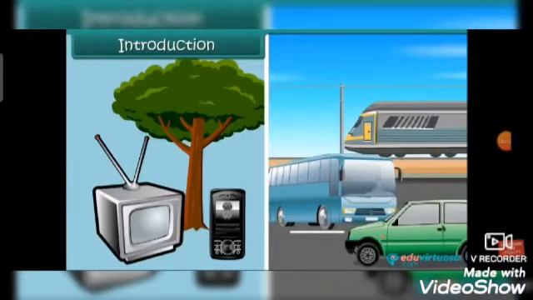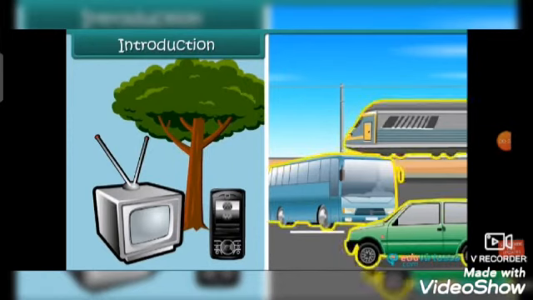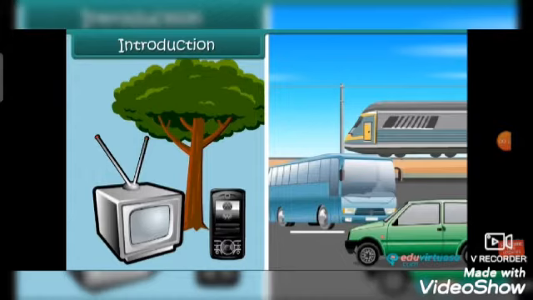Introduction. Look around yourself and you will find objects like television, mobile, trees, cars, buses, trains, etc. Objects on the left side are static, which means their position does not change with time.